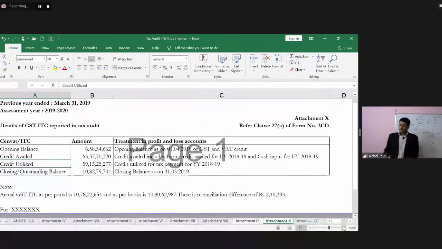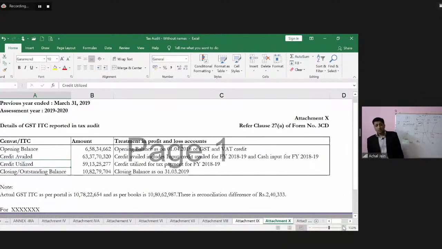Okay. Now for us, the important thing will be to look at the books of accounts. So the base for reporting in this case will be the books of accounts. But in case the auditor believes that the books of accounts and the GST portal have got some differences, then the auditor can also report that difference over here.